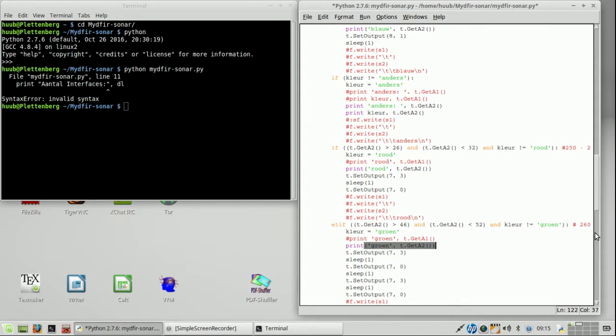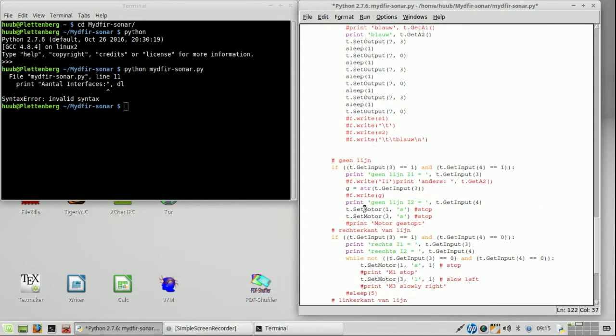So I think these are all the print statements. No, you wish. And here more. One E too many, not that it matters, but this is better readable.